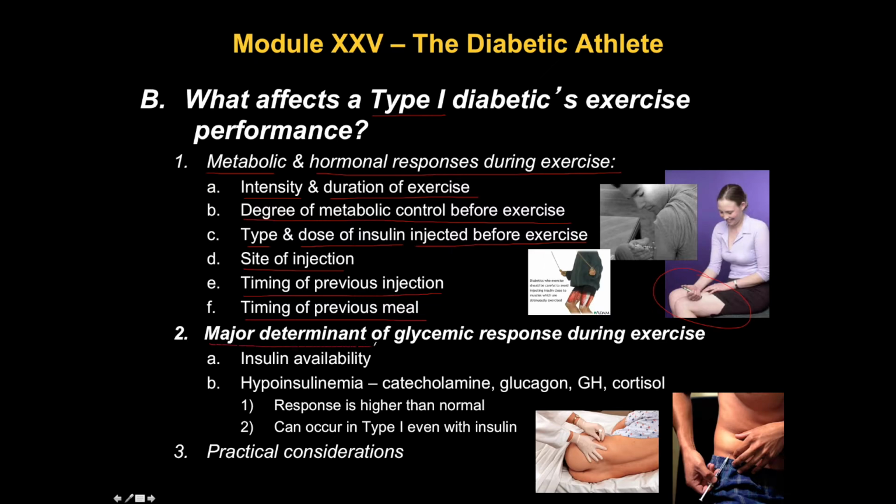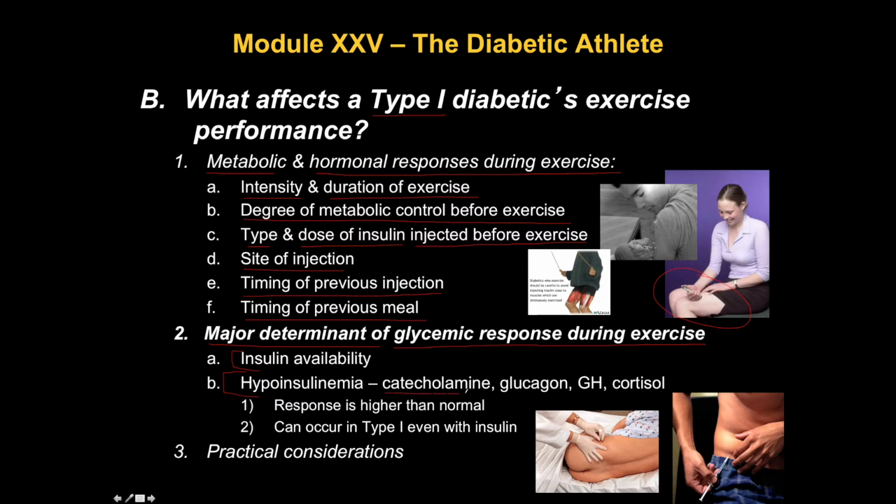The major determinant of glycemic responses during exercise is going to be insulin availability. Is insulin around? We know that insulin is going to promote the uptake of glucose into cells. If it isn't around, are you in a hypoinsulinemic state? If we're in a hypoinsulinemic state, then that means we must be releasing some of the breakdown hormones that are going to release glucose from glycogen.